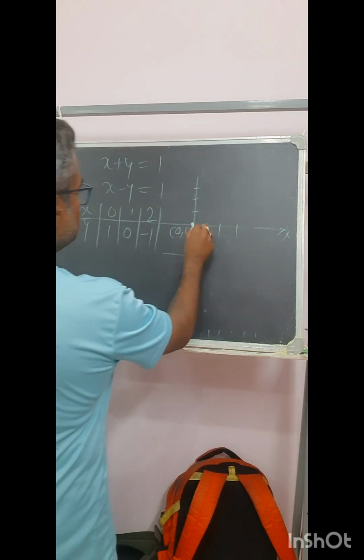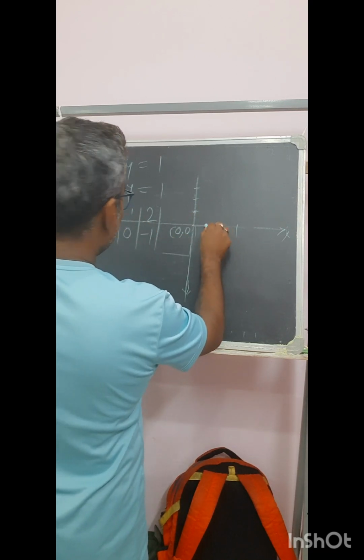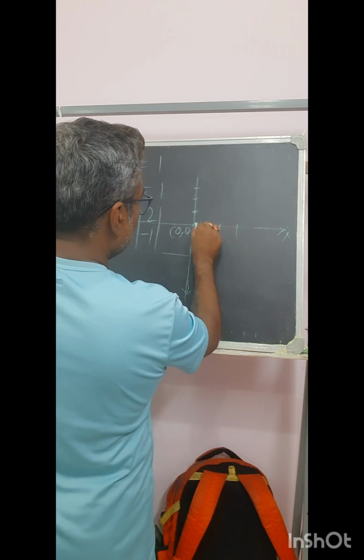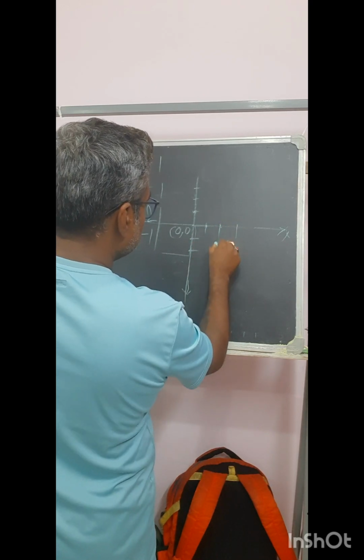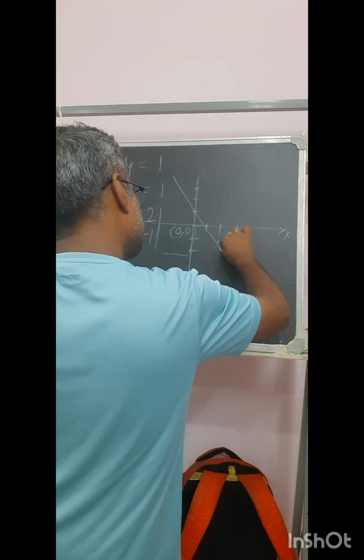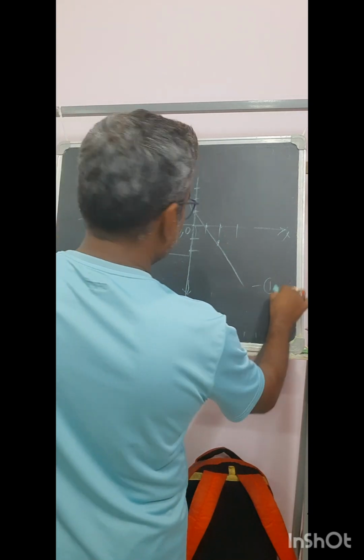So x is equal to 0, y is equal to 1, this point. x is equal to 1, y is equal to 0, this point. x is equal to 2, y is equal to minus 1, so I have to go to the negative side. If I join this, I get the line for equation 1.